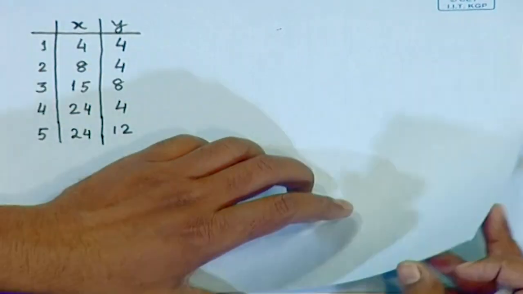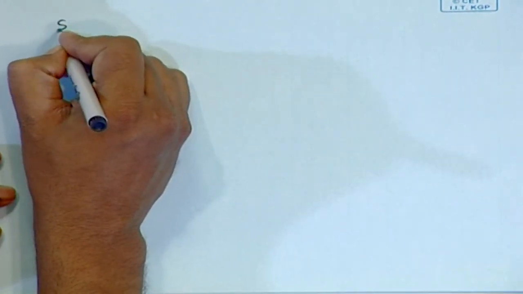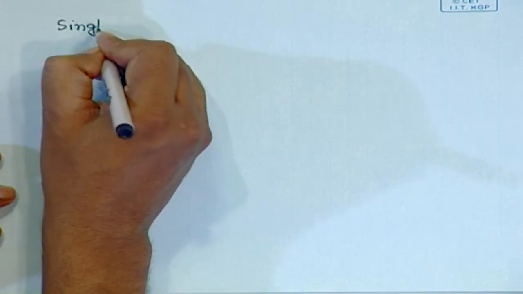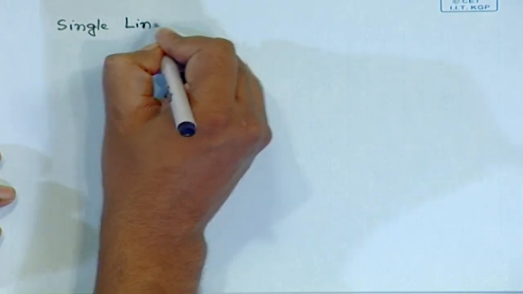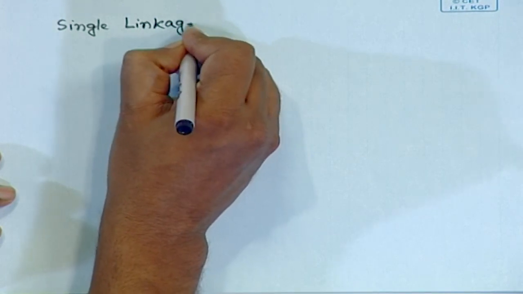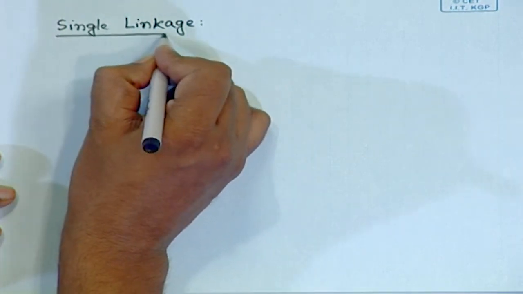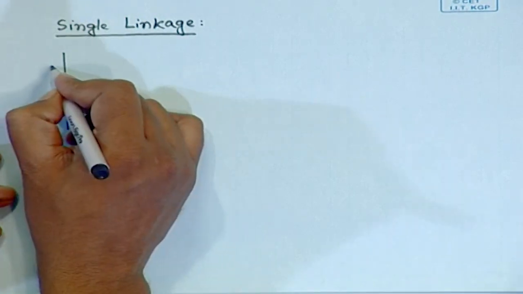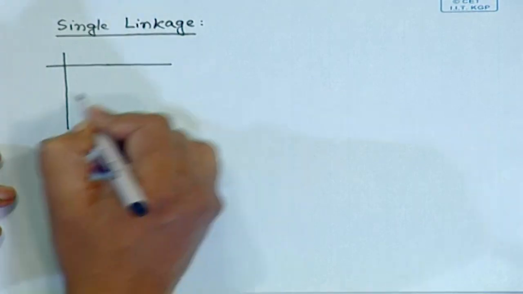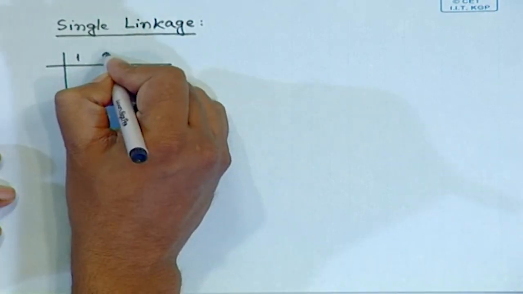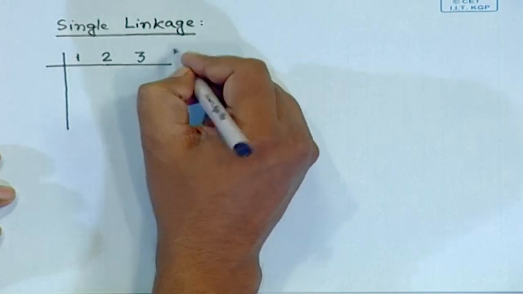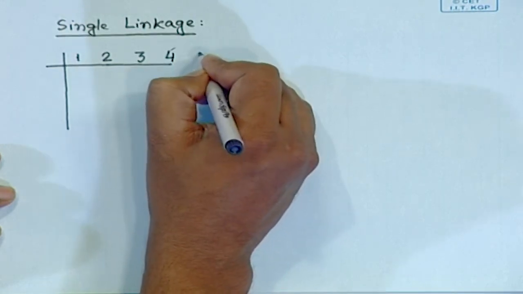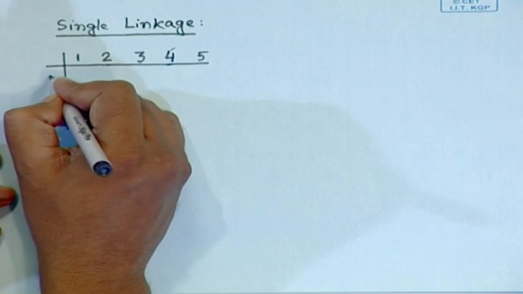Firstly, we will consider the single linkage algorithm. I have to find the distance between the pairs of feature vectors. I have first, second, third, fourth and fifth, a total of 5 feature vectors.